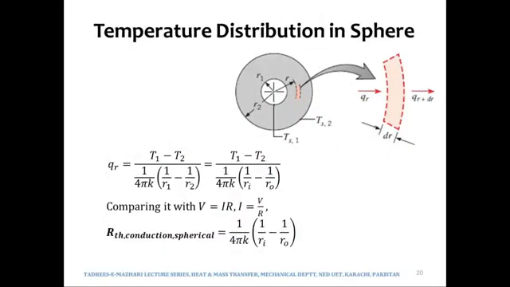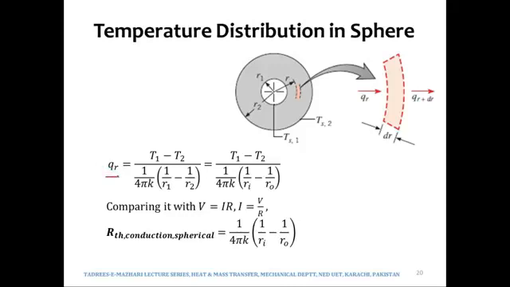Now the last thing that I would leave upon you: I have derived the temperature distribution and therefore the conductive resistance for plane wall and for cylindrical coordinates. I would leave the spherical one on you. All you need to do is follow exactly the same procedure and you will reach this result. What is the result?